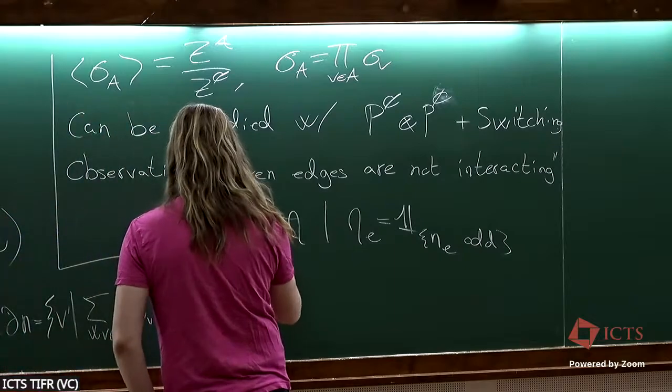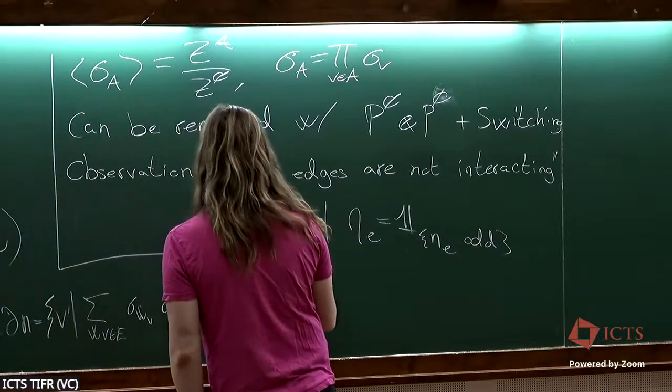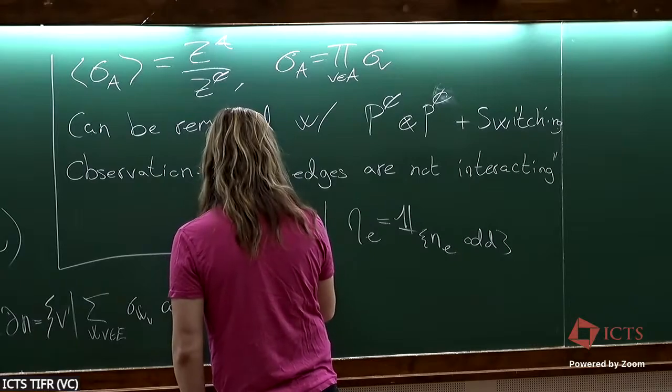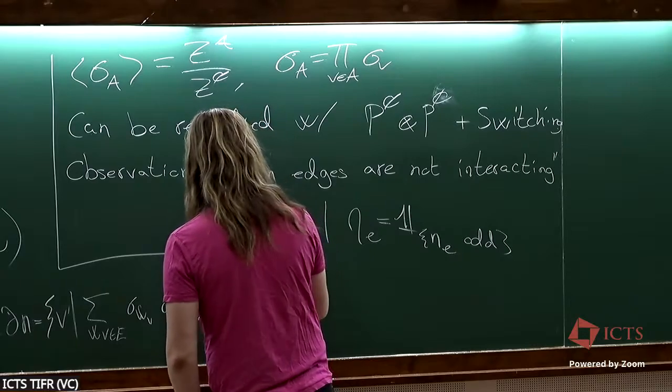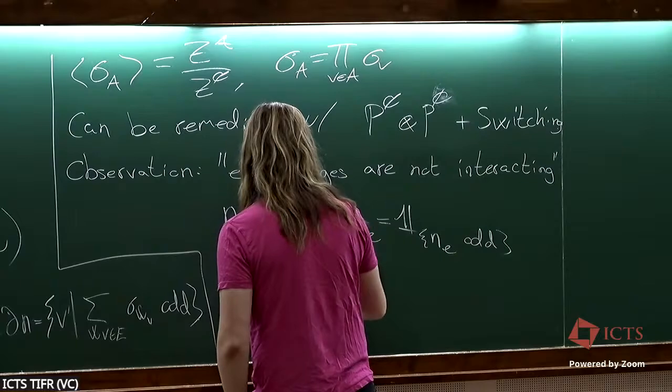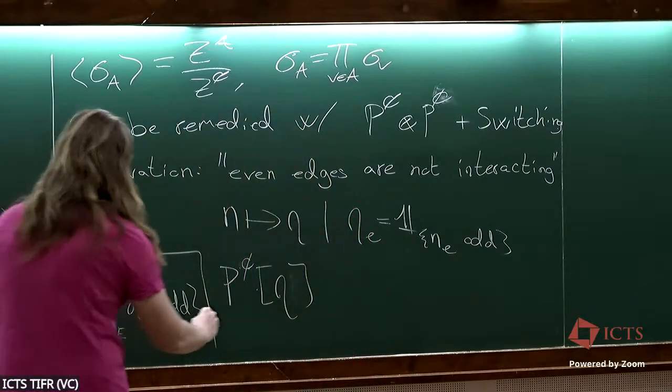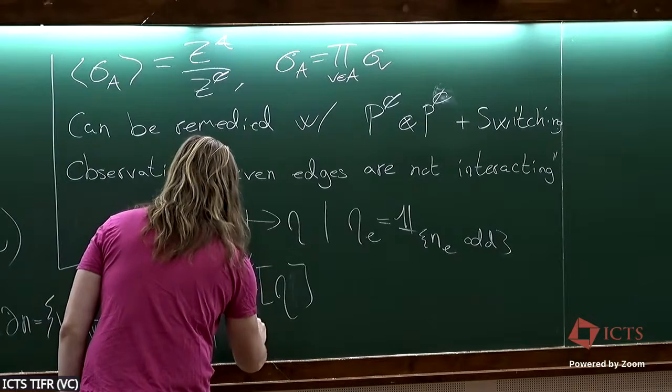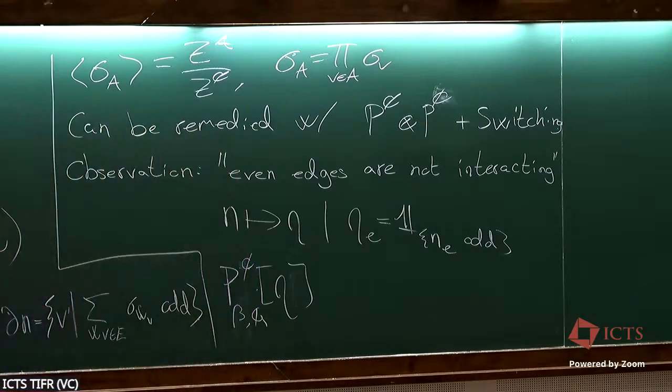Right, if I take my random current measure and I ask, under this measure, what's the probability of drawing a given eta? Well, eta tells you exactly what the odd edges are, and you see the even edges are not interacting, but also the exact values of the odd edges are also not interacting. As soon as I know what the odd edges are, then there are no further constraints on the model.